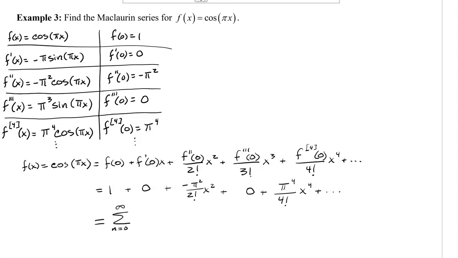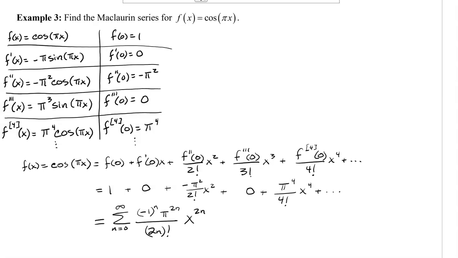So again, we're going to have alternating signs, so we'll have negative 1 to the n. In the numerator, we have pi to an even number, so we put 2n there. In the denominator, we have a factorial of an even number, so 2n factorial. And we have exponents on x also even.